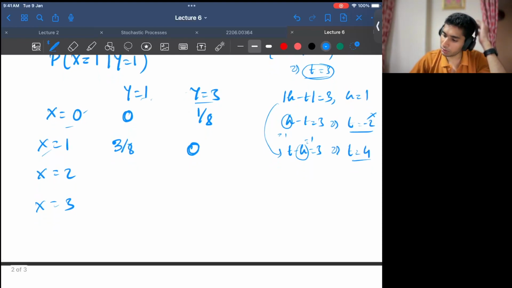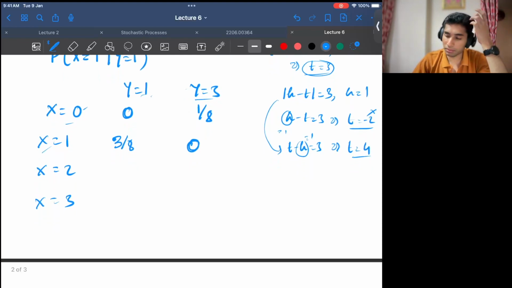Now you can use some brain here, right? Because instead of calculating things again and again, you can think of this as symmetry basically. So if x is equal to 2, which means that the number of heads is equal to 2, that means that the number of tails is equal to 1, right? Because if you're tossing the coin three times and two times it's heads, then the third time it has to be tail, right?